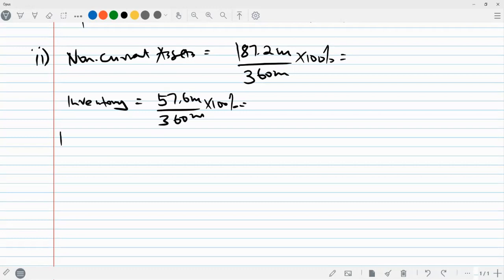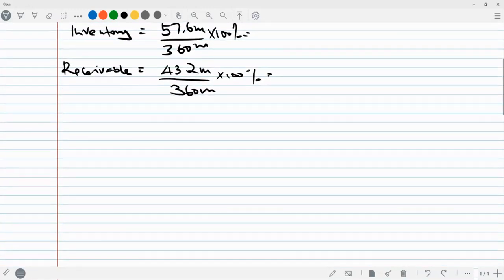Same for receivables. It will be equal to the receivable value of 3.2 million, divided by the sales for that time, that is 360 million, and we express it as a percent. Then you have cash. The investment in cash is 10.8 million, divided by the sales, 360 million, and we express it as a percent.